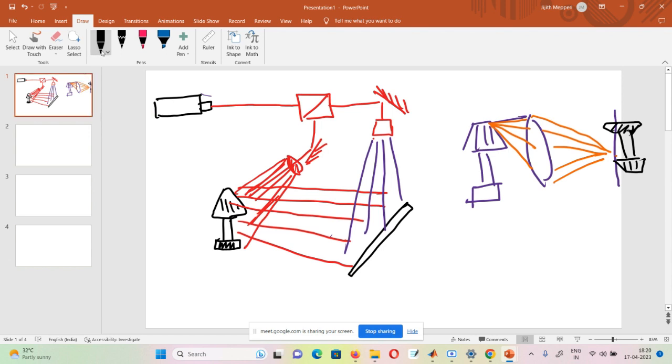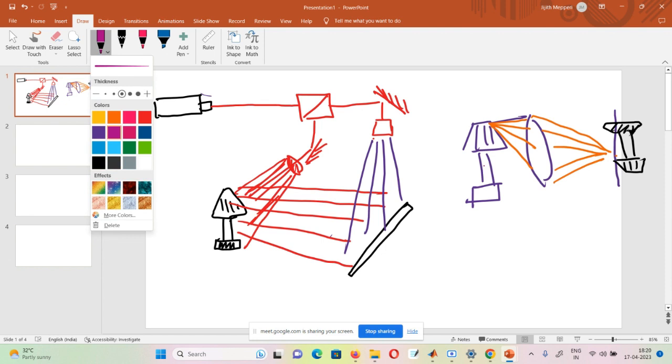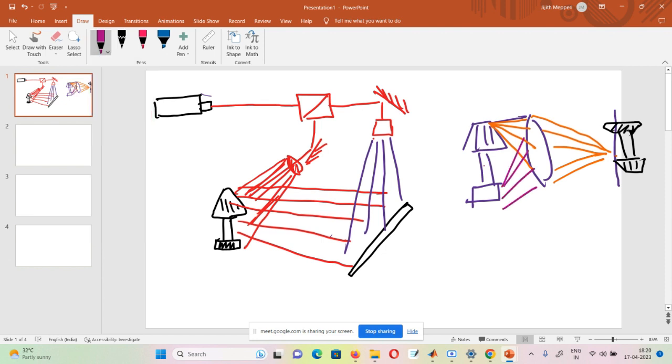The light coming from the bottom also focuses to the same point. But in the case of a hologram, it is not like that. Light coming from here will pass here, here, here, and similarly light coming from this point will also go here, here, here. So light from each point reaches every point on the hologram.